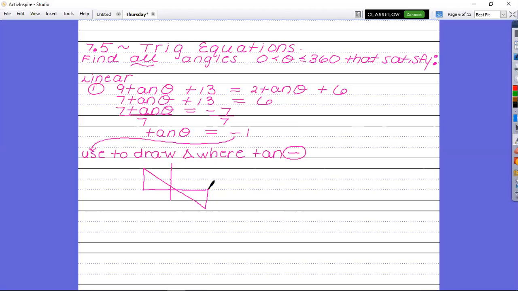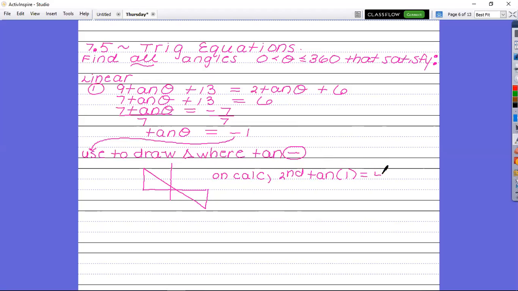So 2 answers. The next thing you're gonna do is use your graphing calculator. And then next step is on calculator. You're gonna hit second tan of +1. Again, you are ignoring the negative now.